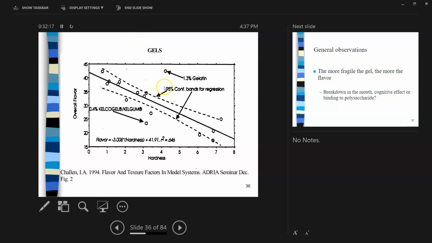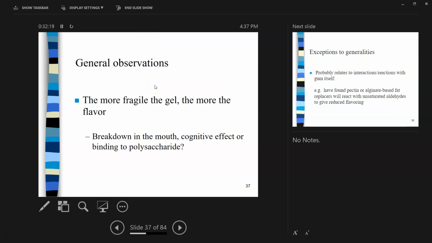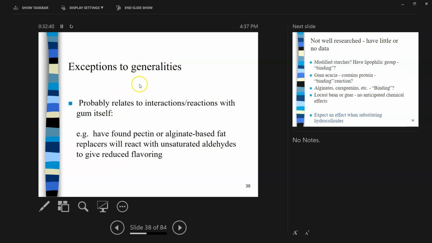And our data is pointing more and more towards it being cognitive rather than a physical chemical property. At that point they were arguing about whether this is breakdown in the mouth or a cognitive effect, and like I say, leaning more towards what the brain expects out of things.